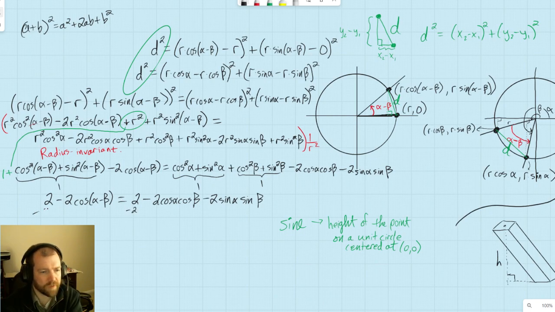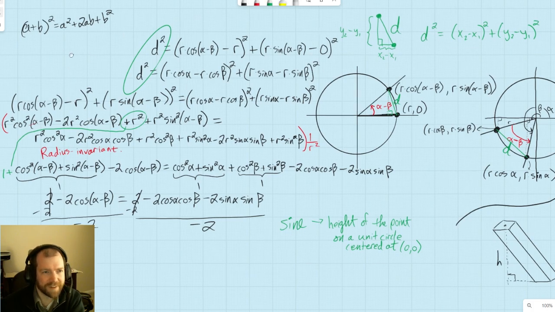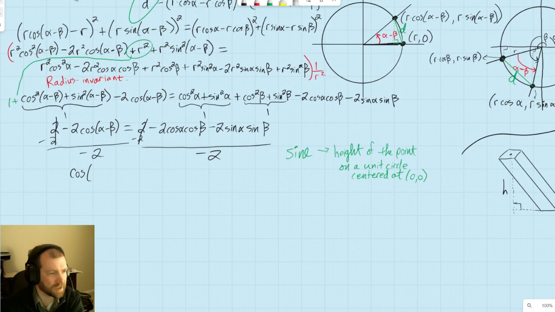So subtract 2 from both sides. And also we can divide everything, left and right, by negative 2. Here when we subtract, it just goes away and becomes 0. So that's gone. Then we divide by negative 2 everywhere. We get the cosine of, that's behind my head. We'll get there eventually.